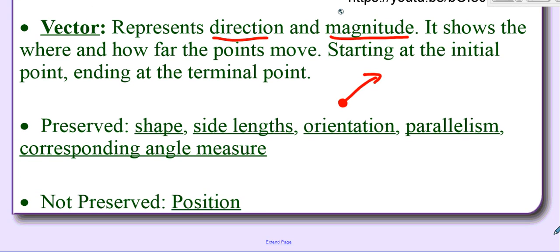What changes is position. That's what a translation does. It just moves it from one spot to another. It's just a move along the vector.